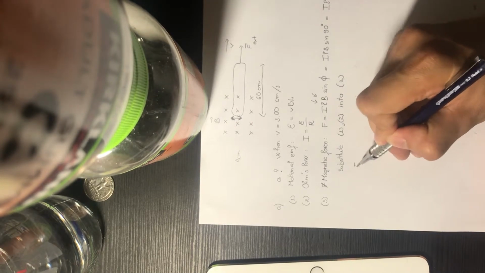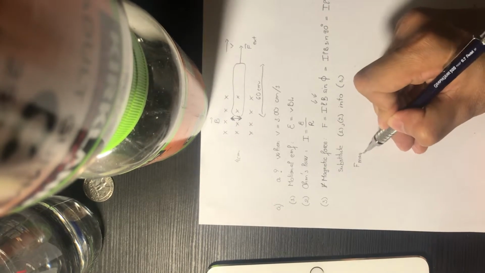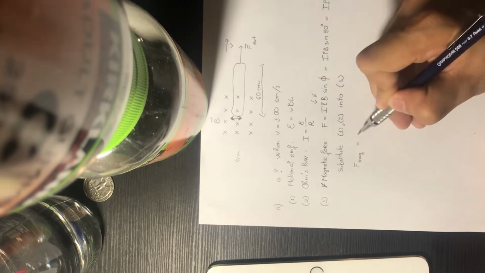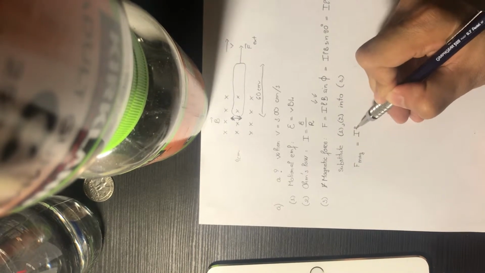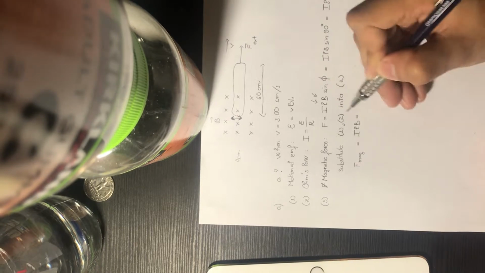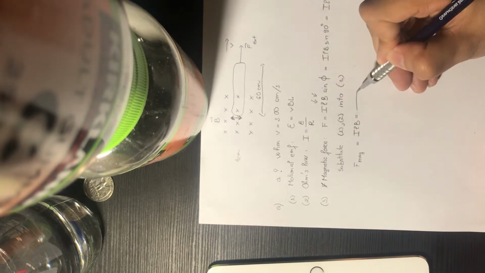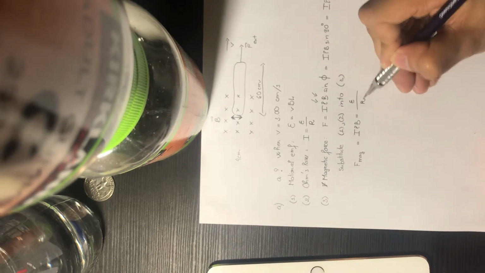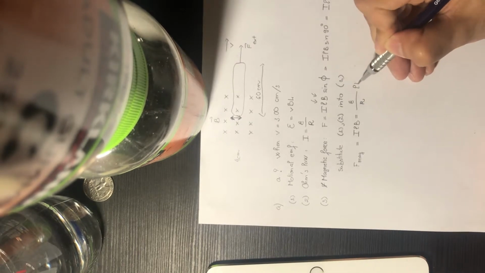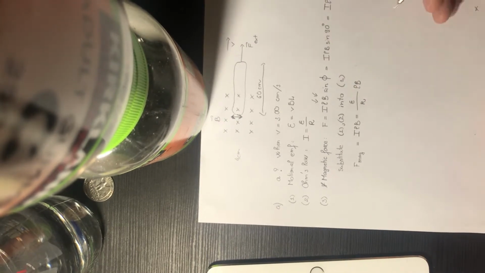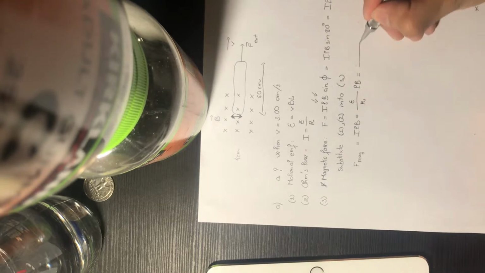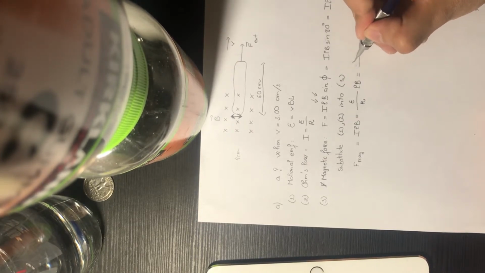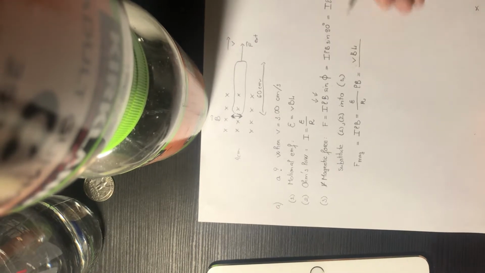So we have the magnetic force F equal to I, the current, times L times B, and I equals the voltage divided by the resistance, and the voltage is now replaced by the motional EMF with velocity, magnetic field, and length.